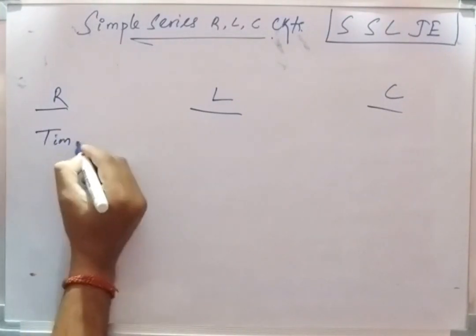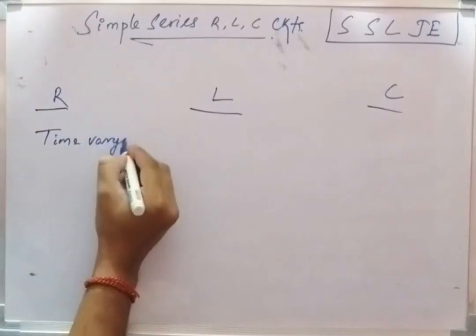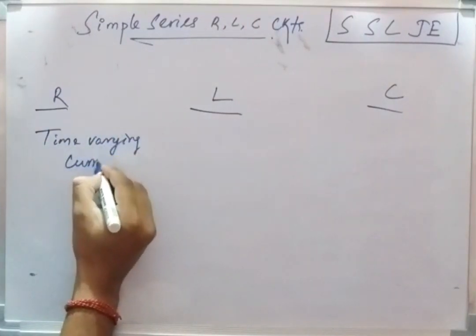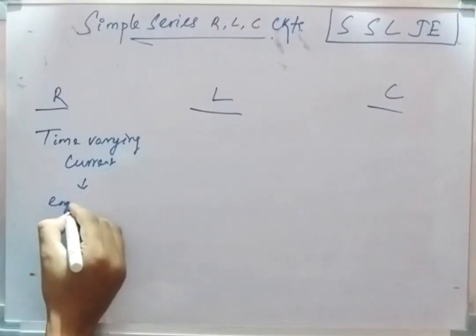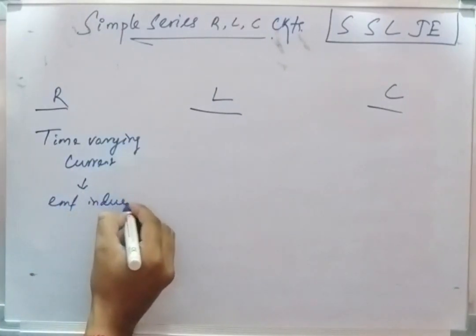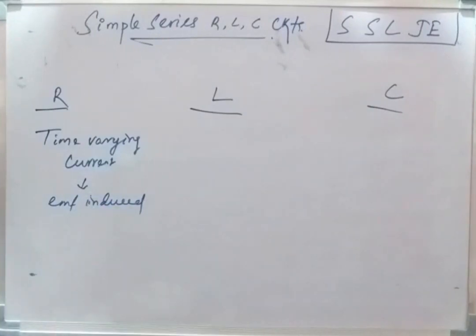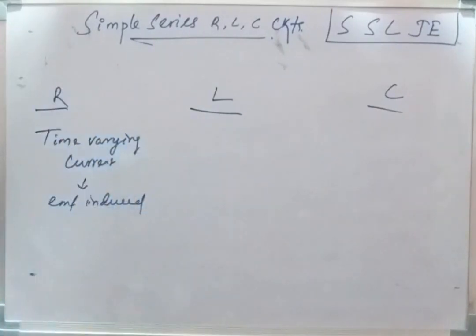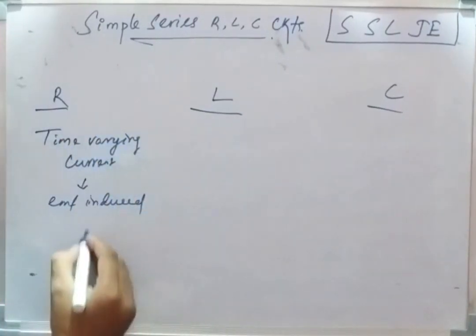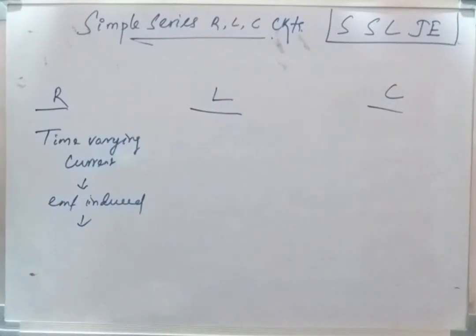If I am applying a time varying current, there will be an EMF induced, right? Faraday's law. So if you apply a time varying current, there will be an EMF induced, and this EMF is directly proportional to the rate of change of current.